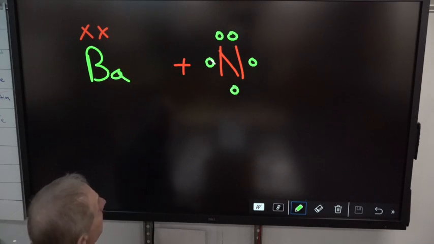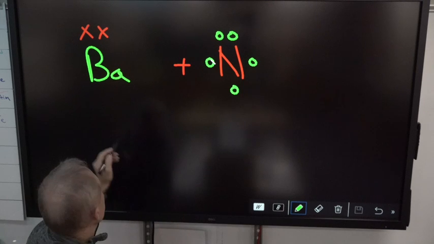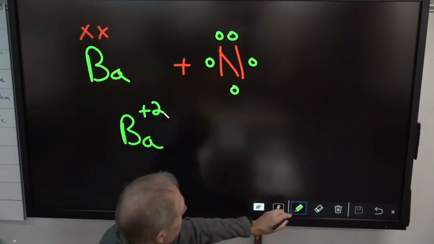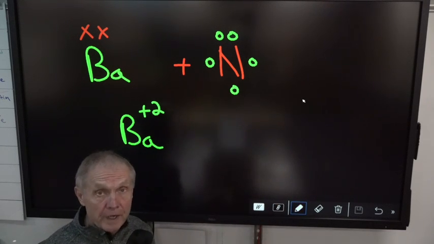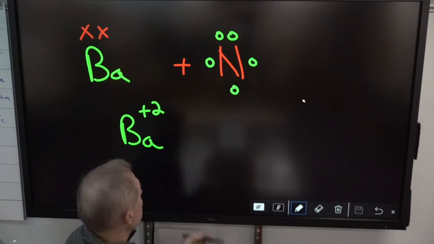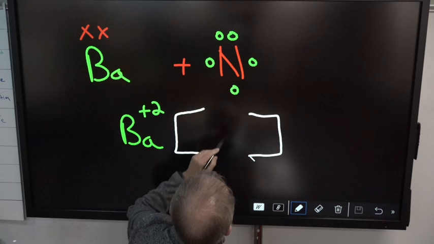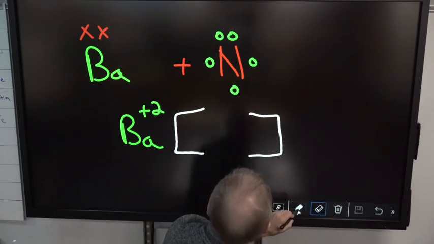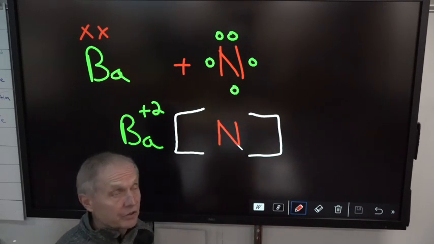Now, when we put them together, barium must lose 2, so we go Ba 2+. Since this is a metal to nonmetal, there's a total transfer, and to show total transfer we need brackets. Then we put the negative ion N in there and find its oxidation state.